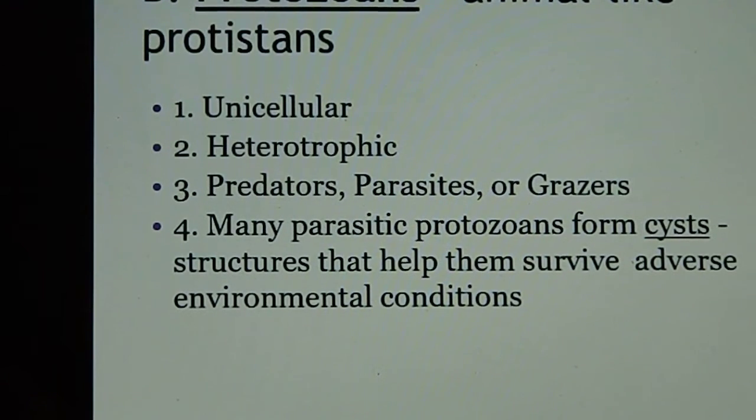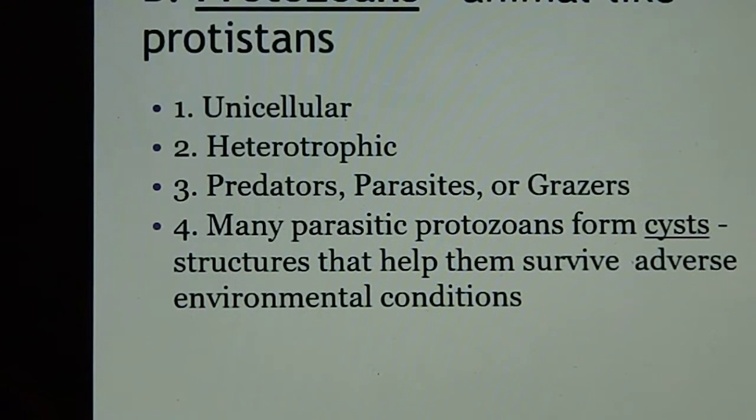So especially for your test, your exam number 3. Remember, some of them are predators, some of them are parasitic, and some of them are called grazers. That term refers to anything that feeds on algae and fungi.